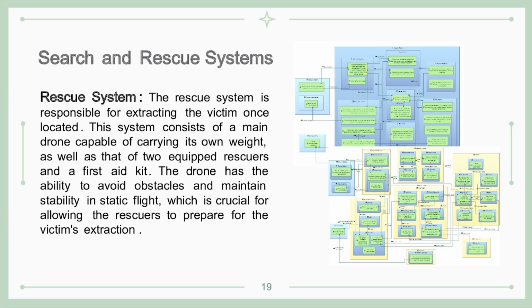By integrating these features, the system not only ensures the safe transport of victims, but also minimizes risks for both the rescued individuals and the rescuers, enhancing the effectiveness of the rescue operations.